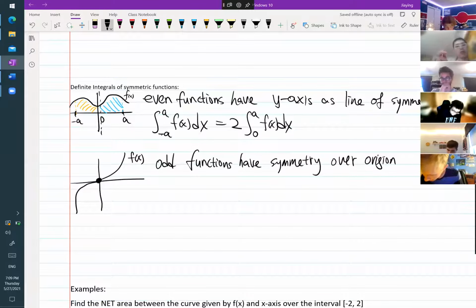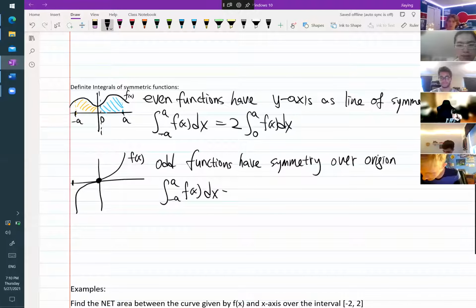So if you take it and rotate 180 degrees, you get the same graph, even though I didn't draw it correctly. That's what it is.